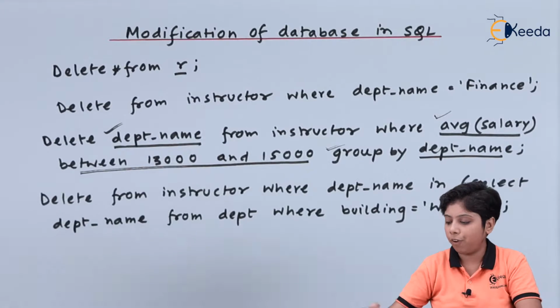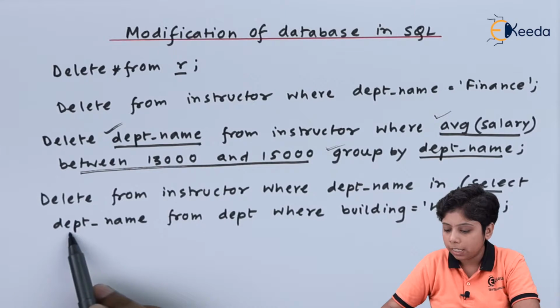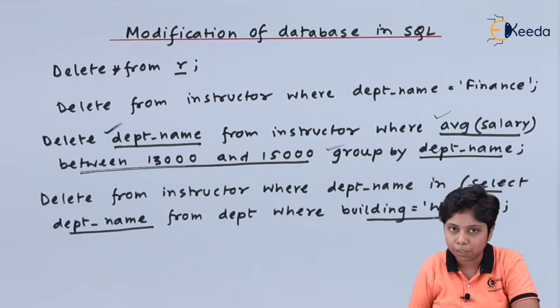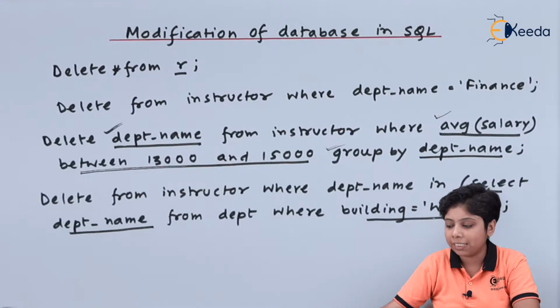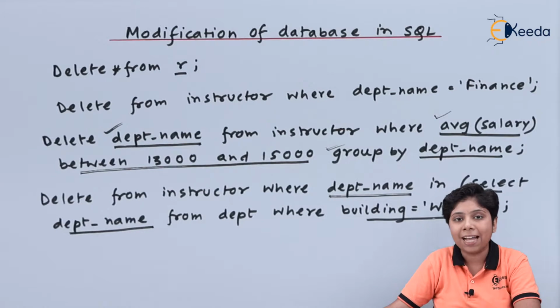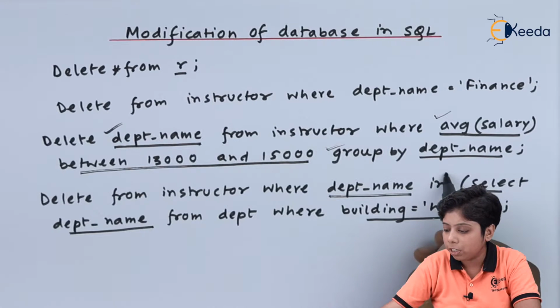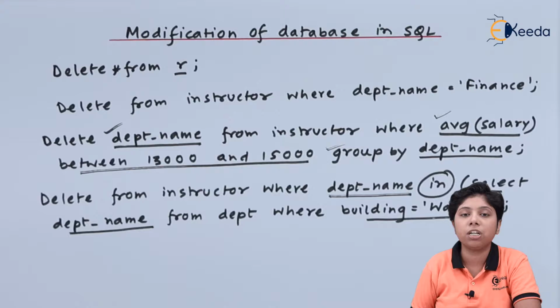So first, in the inner query, we are selecting the department name where the building is Watson, which is a simple one. Now I'm getting these department names as a set, so we are using the in clause. That means we are finding a set of domain values.